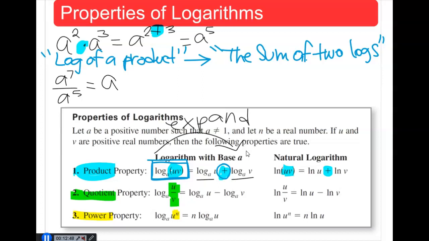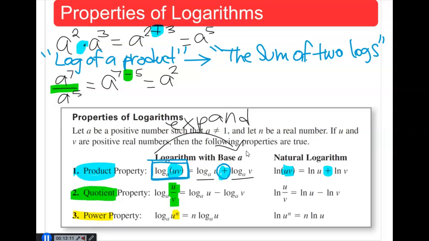So we subtract the exponents. That is the rule. And here we will get a to the power 2. So we go from something that is dividing, that's the quotient, to something that is subtracting the exponents. So you can remember it that way.